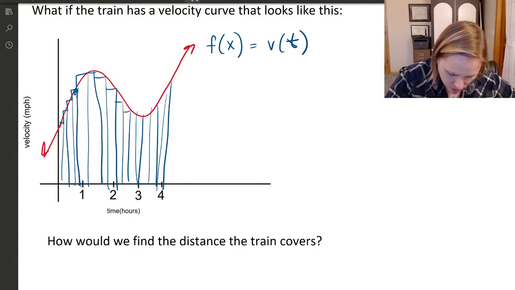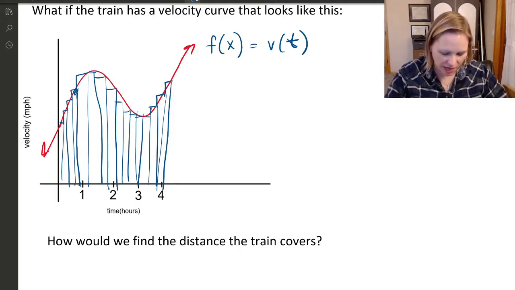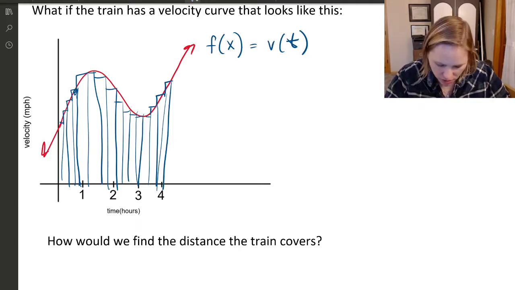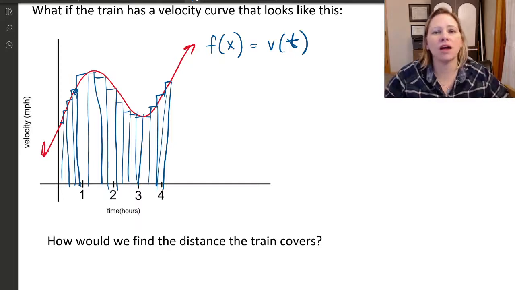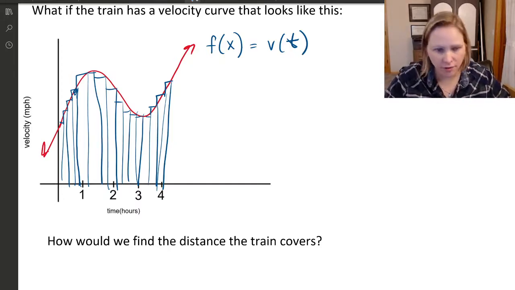Some will be a little below, depending on whether my graph is increasing or decreasing. But if I add these rectangles up and find the area of like 20 rectangles over this little period of time, I can get an even more accurate estimation of the distance that my train in this case has covered.